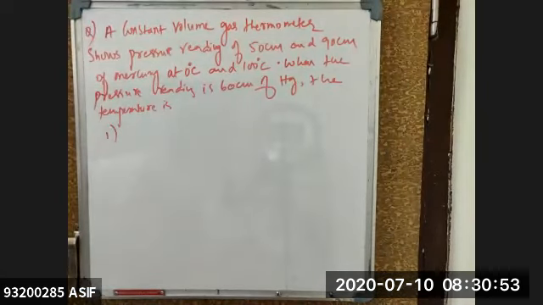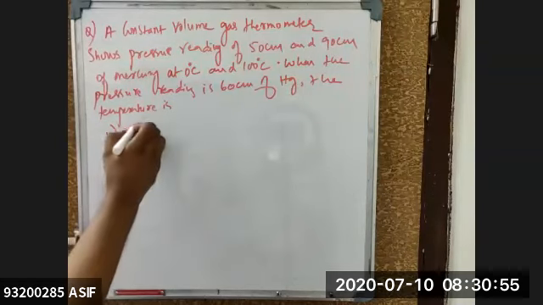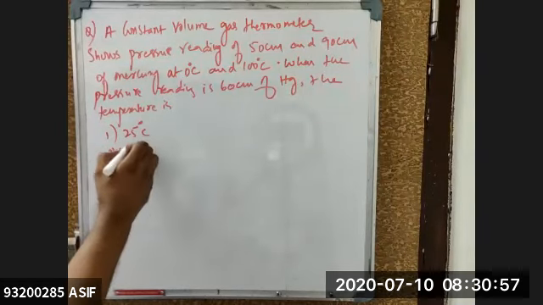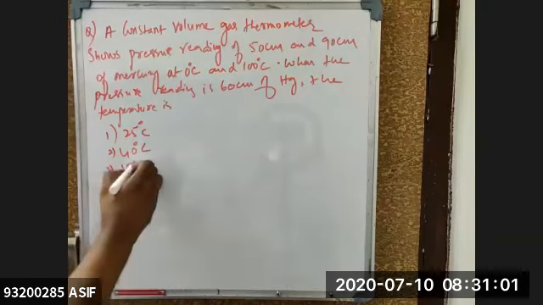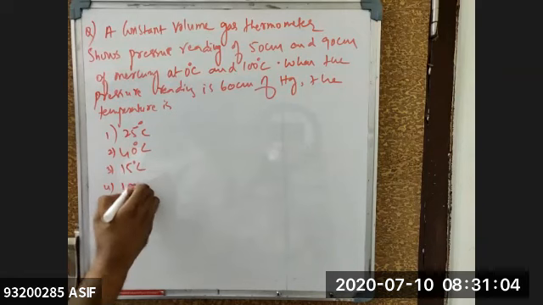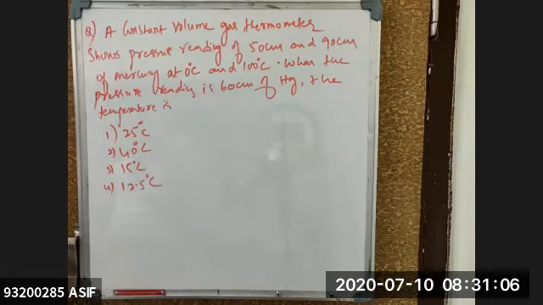I'll give the options for this one. 25 degrees centigrade. Second one is 40 degrees centigrade. Third one is 15 degrees centigrade. And fourth one is 12.5 degrees centigrade.